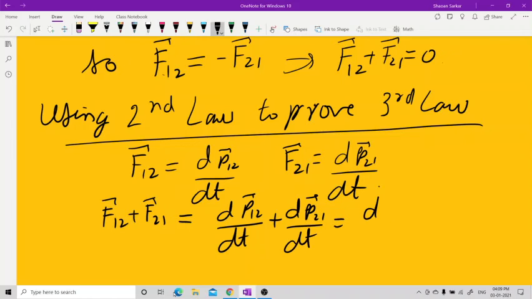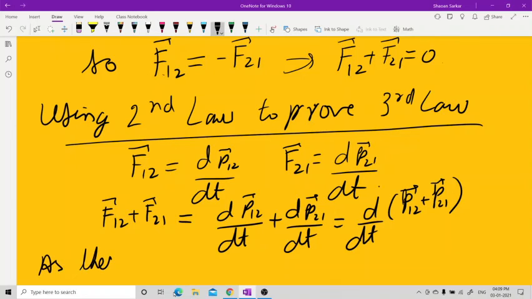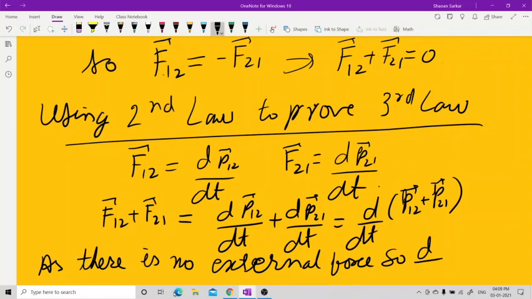Taking d/dt common, this is d/dt of p12 plus p21, and as there is no external force, p12 plus p21 is equal to 0.